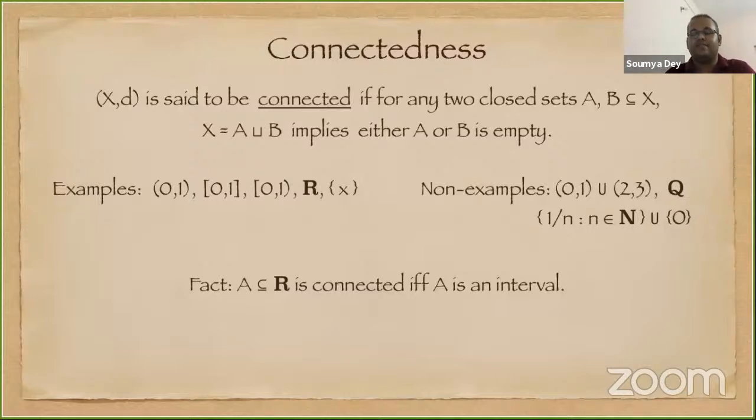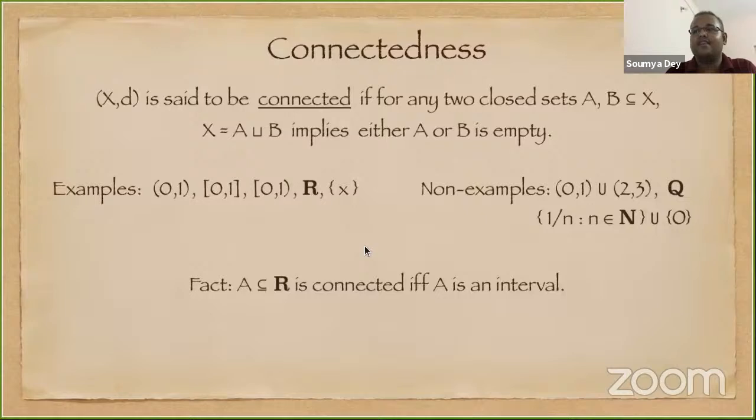This says that if you can write your set as a disjoint union of two non-empty sets, such that both of these, A and B, are closed, then this is not connected. The definition is saying that if such a disjoint union is possible, then it is not connected.